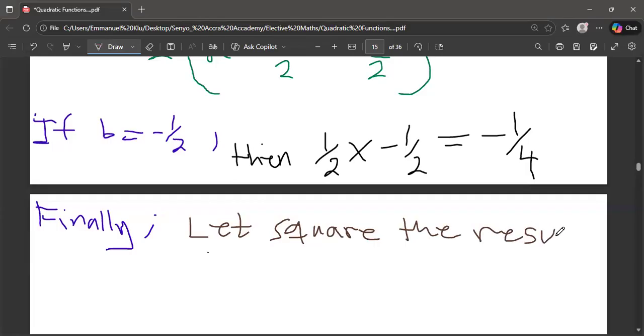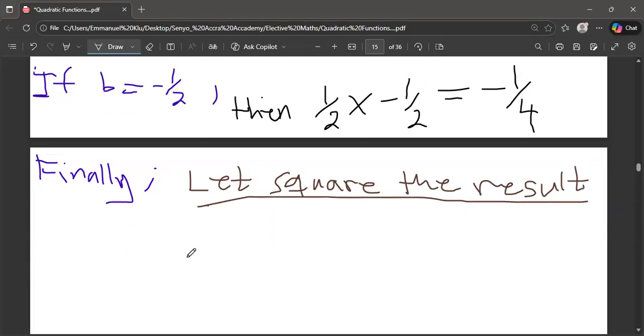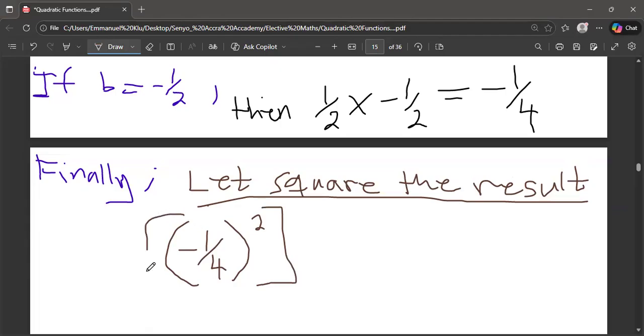Minus 1 over 4. All right. So in squaring the result, at the end of the day, we are getting minus 1 over 4. Okay, good. So we say we square the result. That is it.